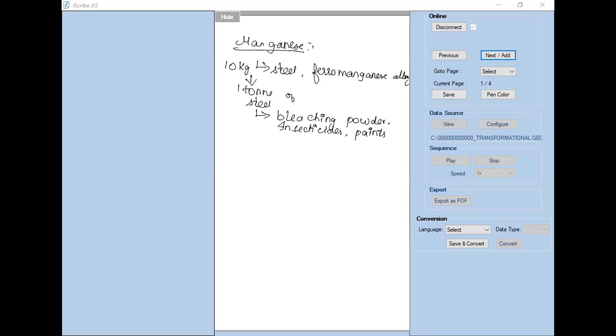If you see the state-wise distribution of manganese ores, which state has the most manganese? Odisha.